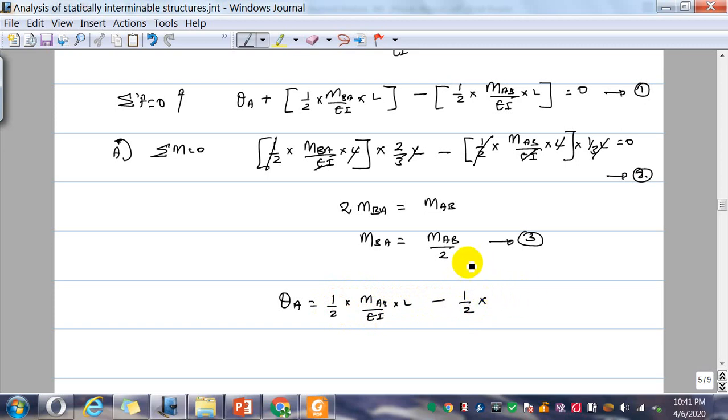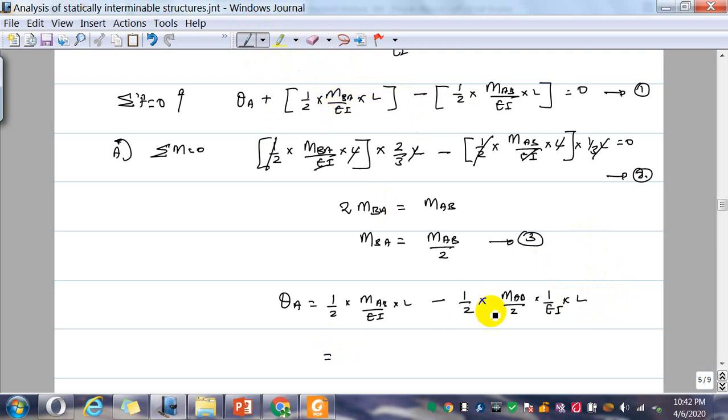So MBA we can replace with MAB over 2. I'm replacing this MBA with MAB over 2.